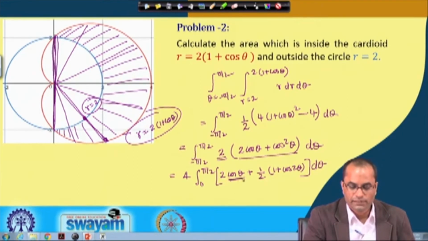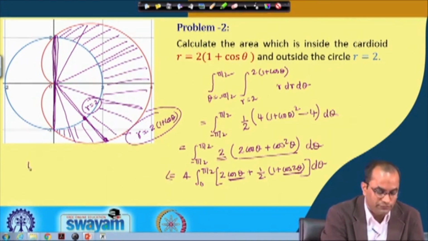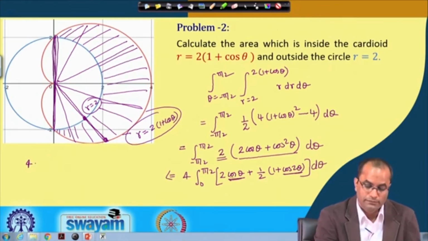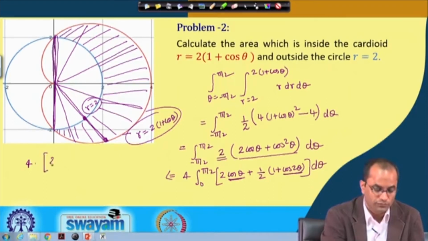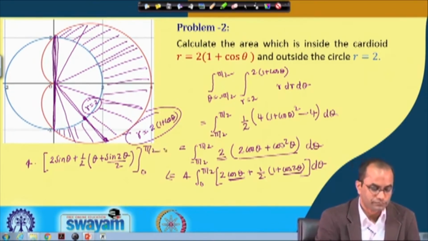So, we have here the sine term, and here also we will have the sine term. If we compute this now, we will get 4 times 2 sine theta, plus half for 1 times theta, plus again sine 2 theta by 2, with the limits 0 to pi by 2.